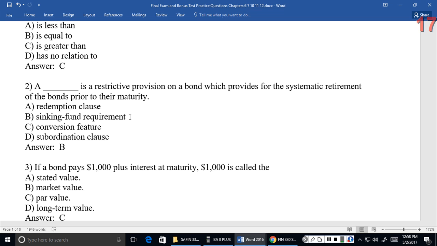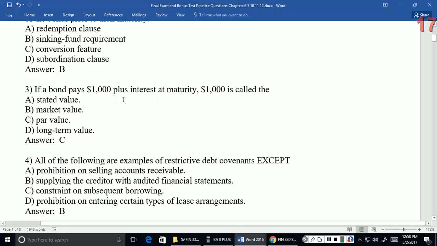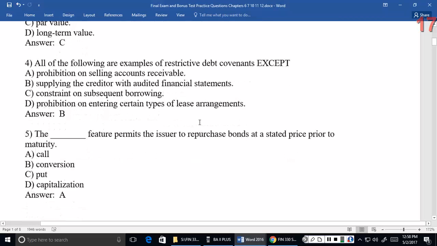So let's say they pay off 3% of it each year. Well, 3% of it over 30 years, they're going to have 90% of it paid off by the time the bond matures, which is going to leave them only having to come up with 10% of the par value to pay off when the bond matures. If a bond pays $1,000 plus interest at maturity, the $1,000 is called the par value. I think most of you are good with that.